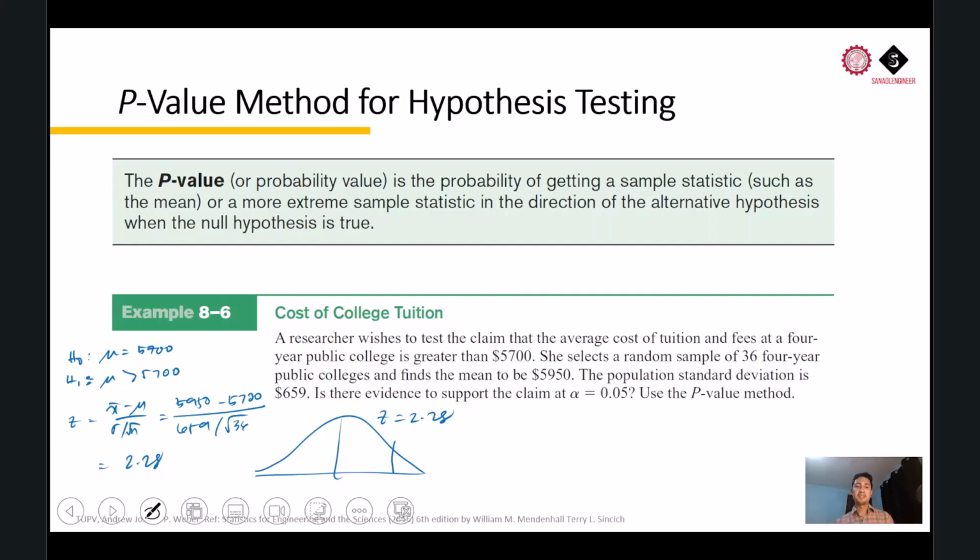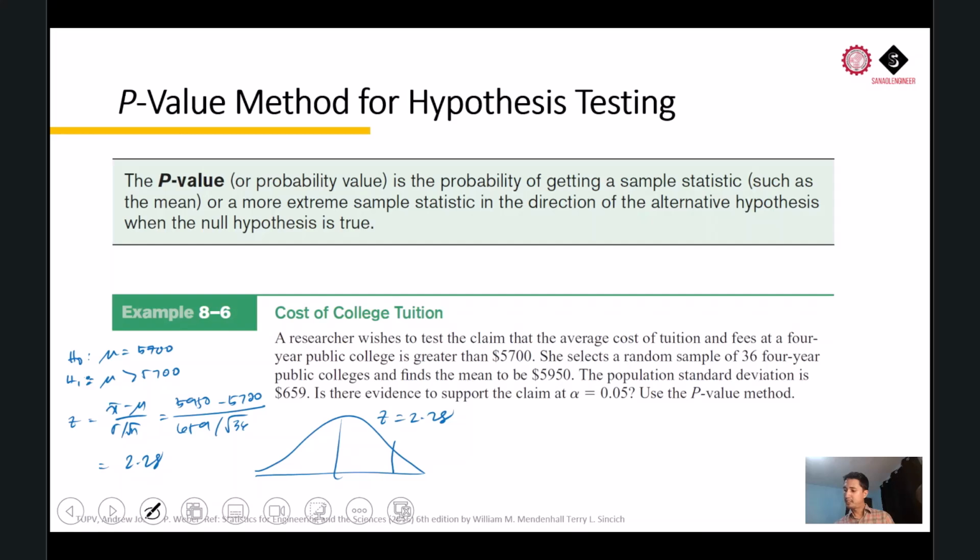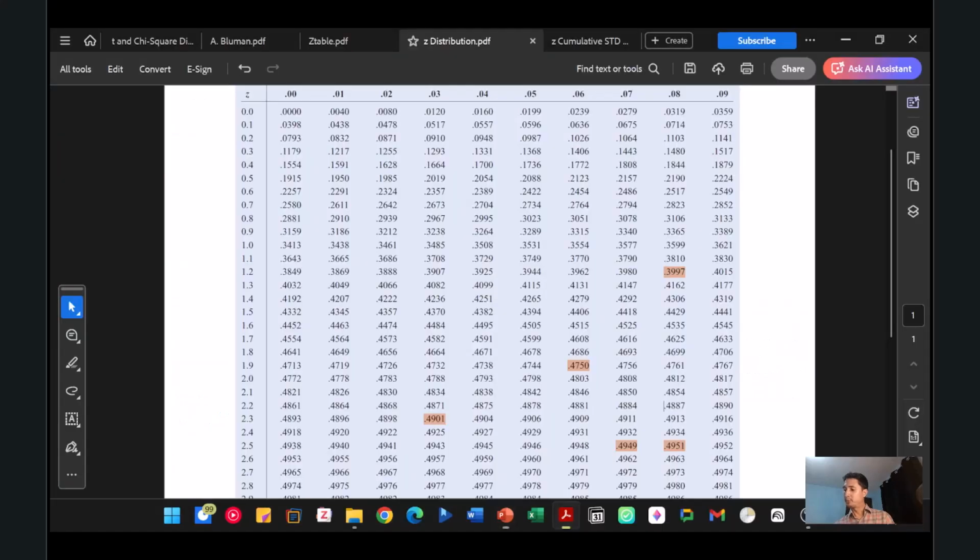In the traditional method, we convert the significance level into the critical values and compare that to the z-score. In the p-value method, it is the opposite. We convert the z-score into a probability value and compare it to the significance level.